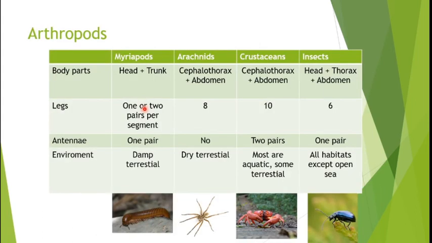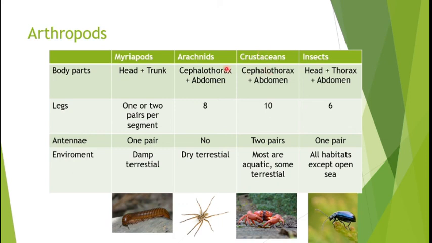Right, to finish, a very fast summary of the 4 groups. The myriapods have head and trunk, 1 or 2 pairs of legs per segment, 1 pair of antennas, and they live in damp terrestrial ecosystems. The arachnids have cephalothorax and abdomen, 8 legs, no antennas, and live in dry terrestrial environments.